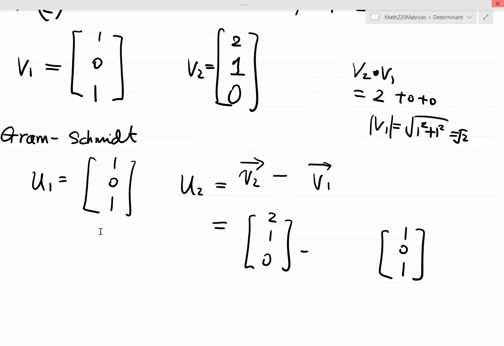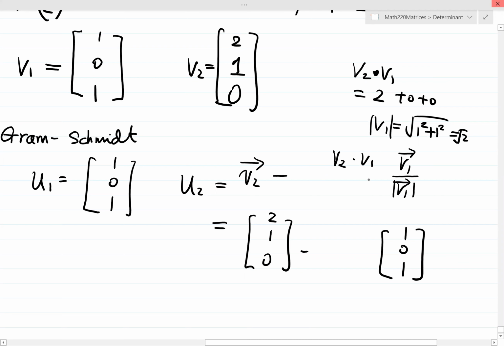Yeah, I forgot. Sorry. The projection of v2 on v1 should be this thing, the v1 thing. This is the unit vector, but we do a dot product. To get the projection, we also need to divide by the norm of v1.